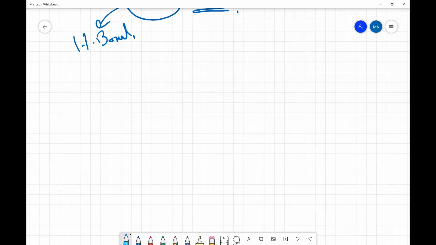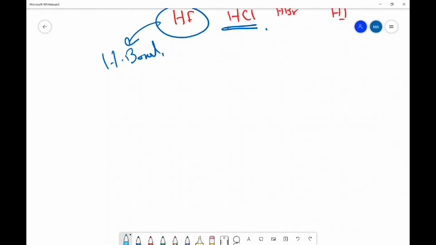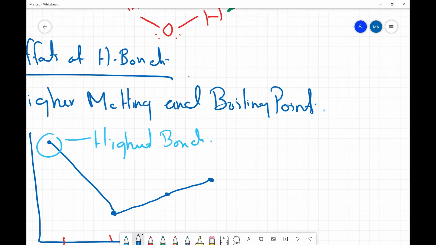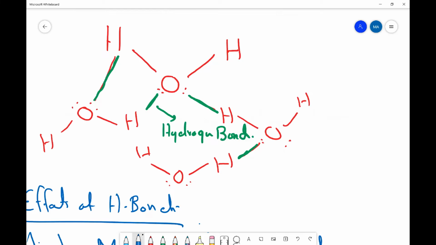So now, another point here is that ice is less dense than water. If you weigh ice and water, you'll see that the density of ice is lower than the density of water. Why is that so? You need to write these reasons as well. We've just drawn the structure of water here. The same structure will be of the ice as well.